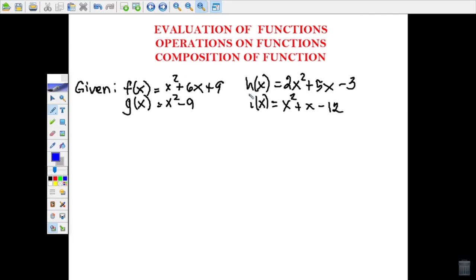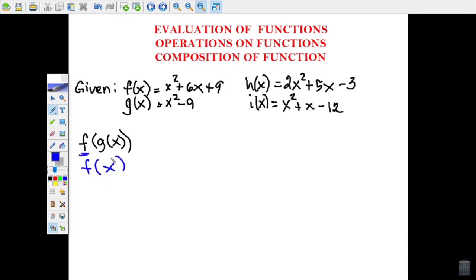So, ito yung isang nalilito sa mga karamihan ng estudyante, pero madali lang yan kapag kabisado mo yung evaluation kasi parang nag-i-evaluate ka lang din. Okay, for example, we have f of g of x. Ibig sabihin ng f of g of x, parang f of x siya, kasi meron kang f dito.